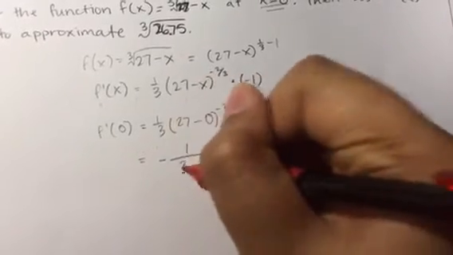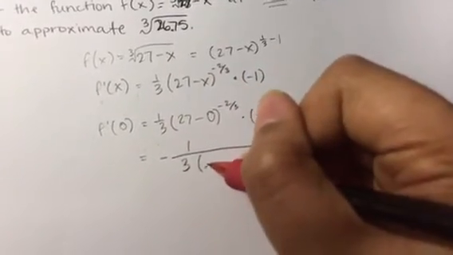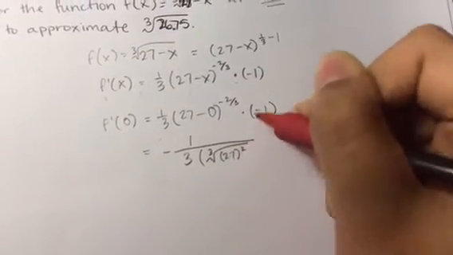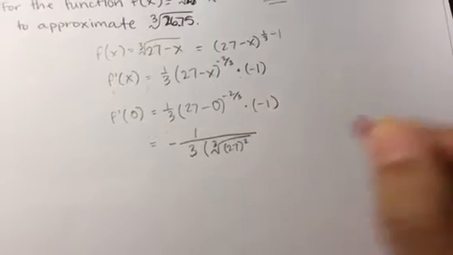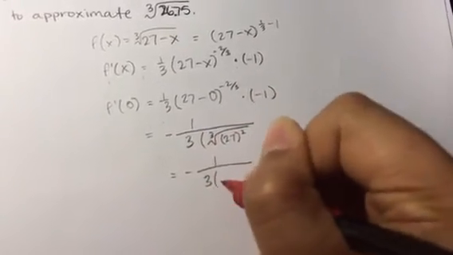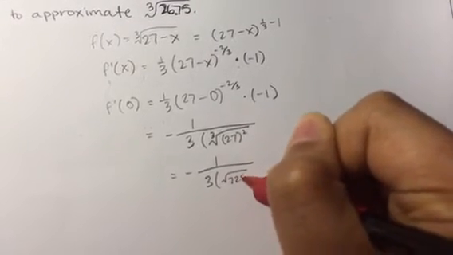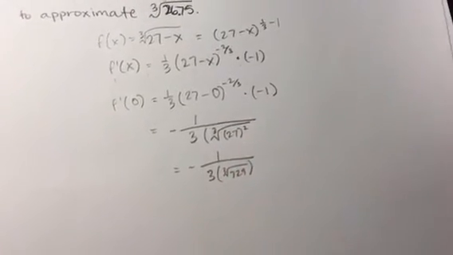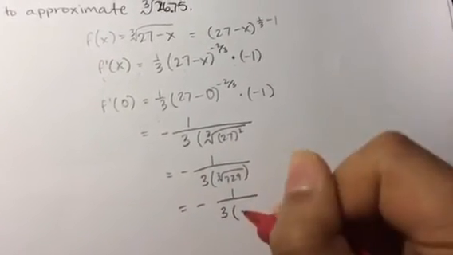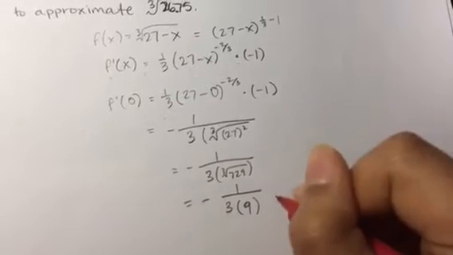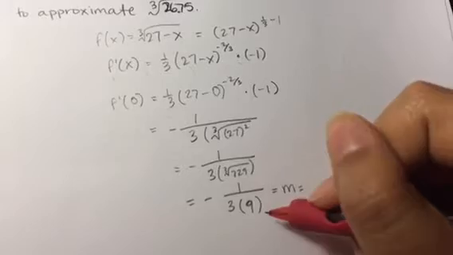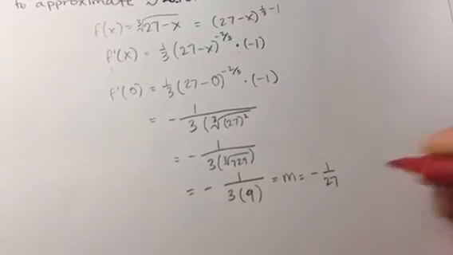So this 3 stays here, multiplied by the cube root of 27 squared, which is 729. When you calculate that, you get 9. So this gives you m, the slope: m equals negative 1 over 27.